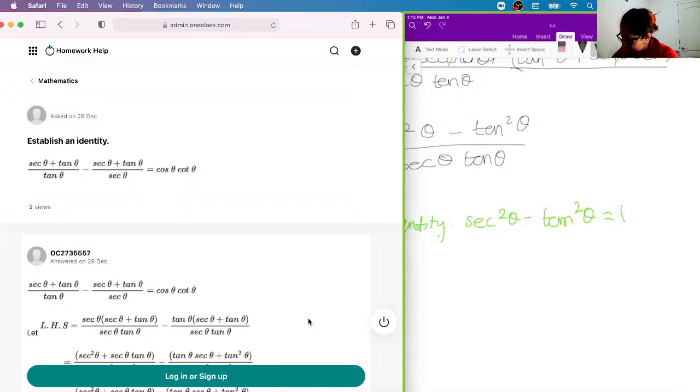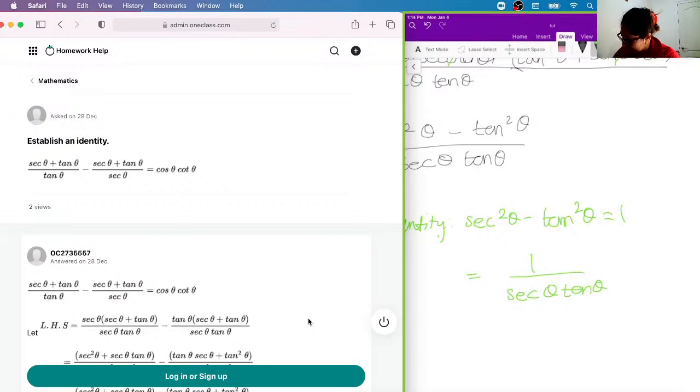And so we can say this is equal to 1 over secant theta times tan theta.